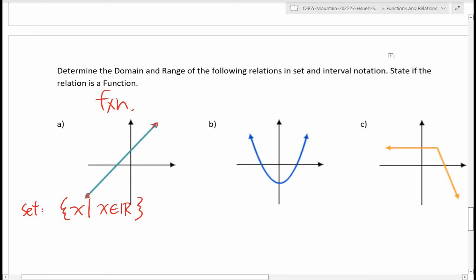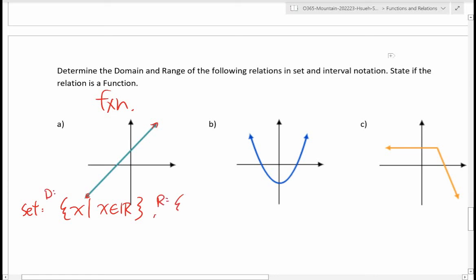So x is an element of all real numbers. This backward E stands for element. So x is an element of the set of real numbers. So this is the domain.